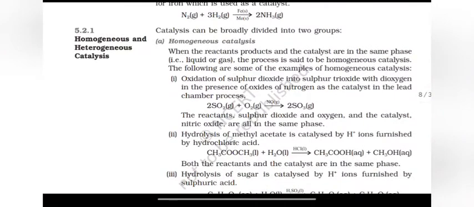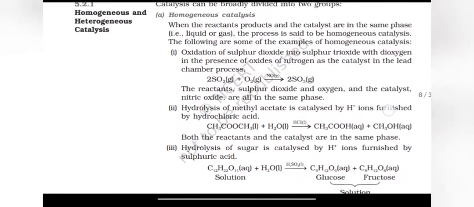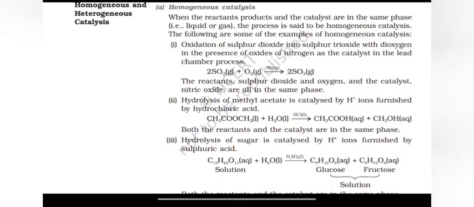Homogeneous catalysis. When the reactants, products and catalyst are in the same phase, the process is said to be homogeneous catalysis. The following are some examples of homogeneous catalysis: oxidation of sulfur dioxide into sulfur trioxide with dioxygen in the presence of oxides of nitrogen as the catalyst in the lead chamber process.